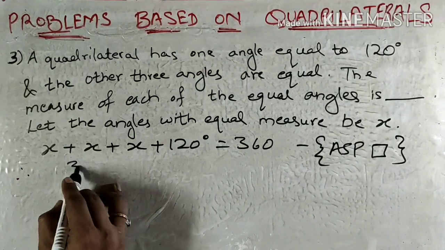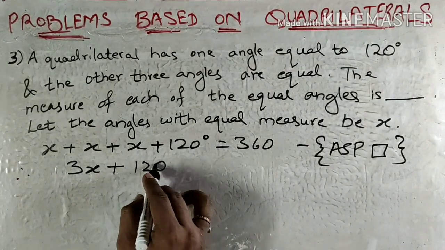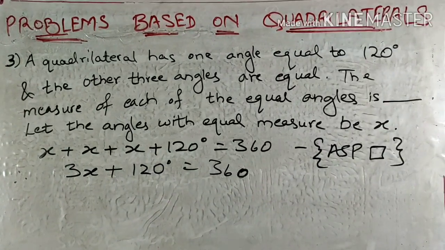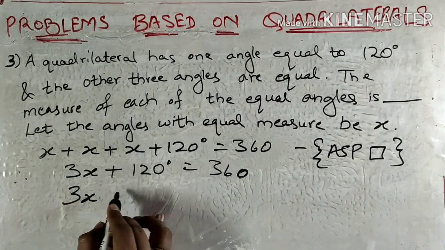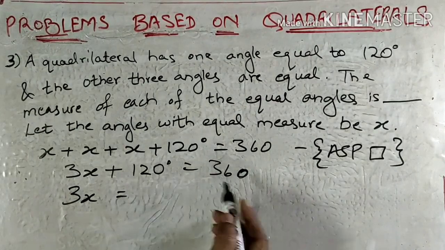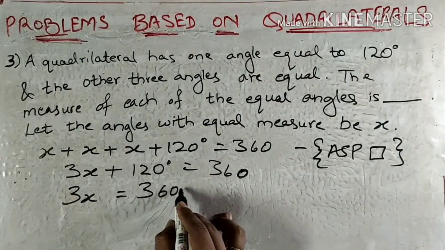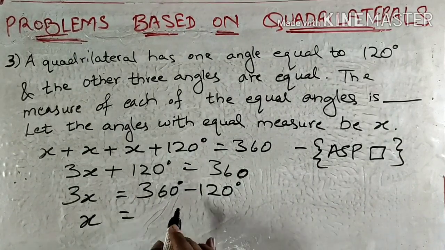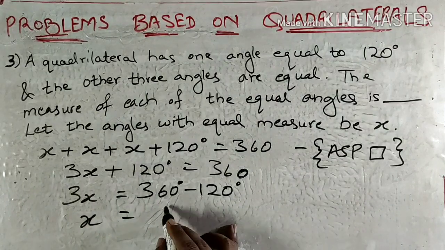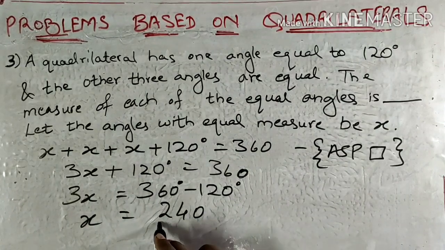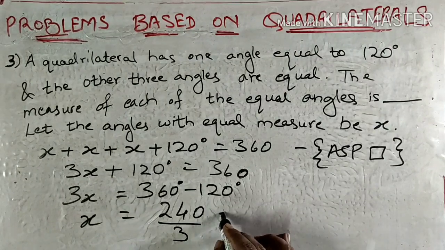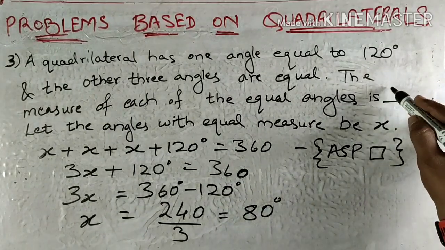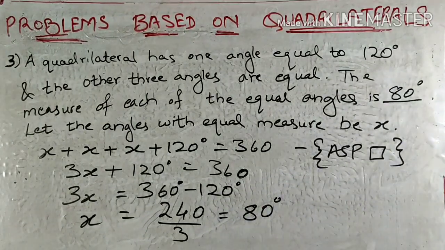Solving this we get 3x plus 120 degrees equals 360 degrees. So 3x is equal to, subtracting 120 from both sides, 360 minus 120. 3x will be equal to 240. So x will be equal to 240 upon 3, which gives me 80 degrees. Okay, so the answer over here is 80 degrees.